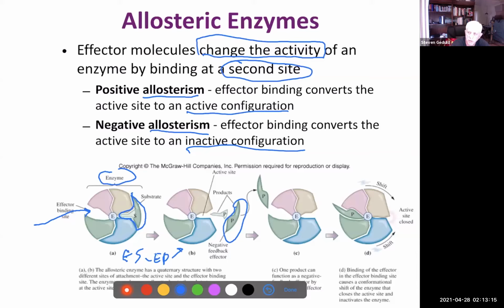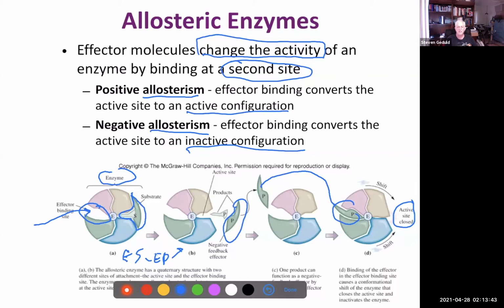Okay. Now, when you release the product, it is in the solution. It comes back, and this product binds to this effector site right here. When the product binds to the effector site, it changes the shape of the active site, and the active site is now closed. So as you produce product, the product goes back and binds to a second site.